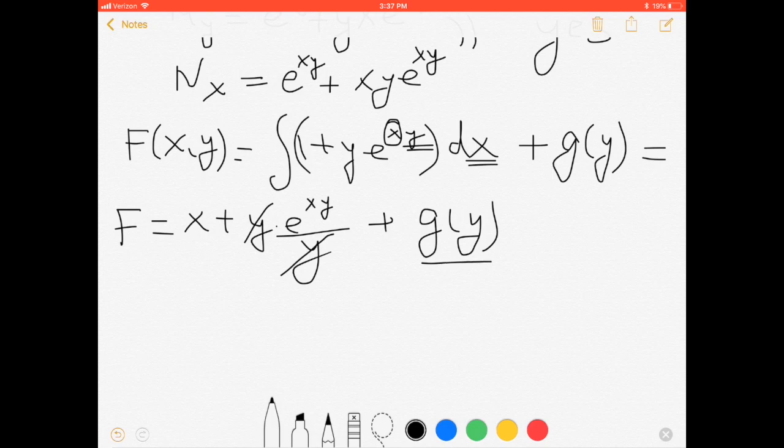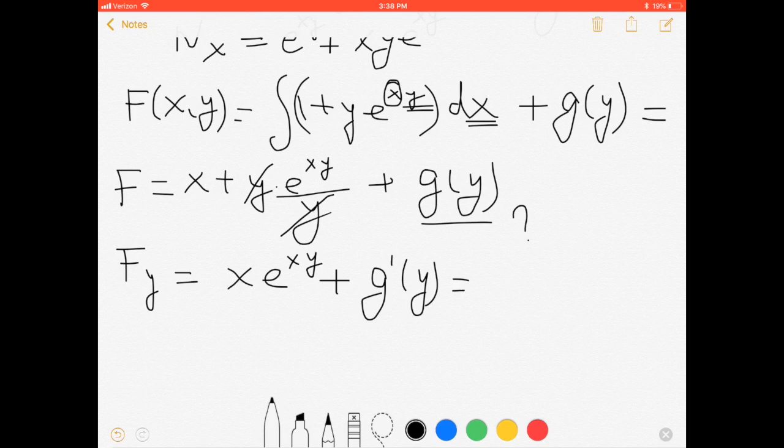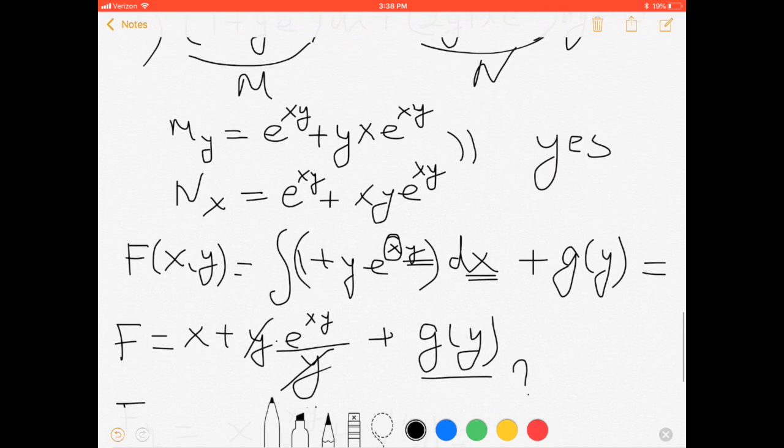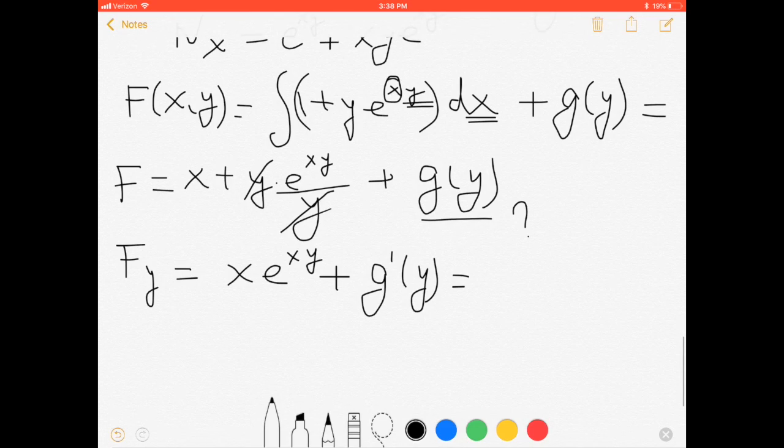How can we find this part depending on y? We need to find the derivative of f with respect to y. What will this be? For x it will be 0. For e to the xy it will be x e to the xy, plus g prime of y. And this needs to be equal to your N function. What is the N function? Go back. It's 2y plus x e to the xy. Simplify this equation.